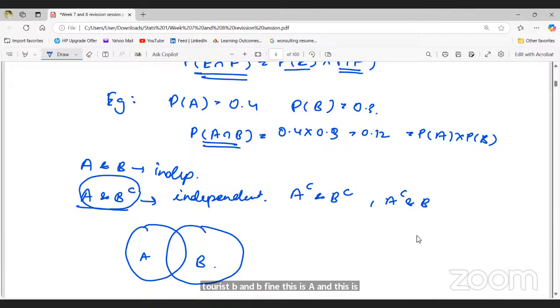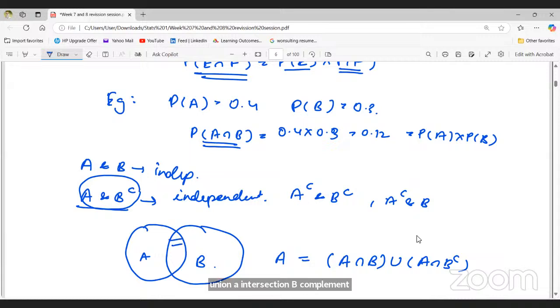Event A can be expressed as A intersection B union A intersection B complement. This is A intersection B and this is A intersection B complement.